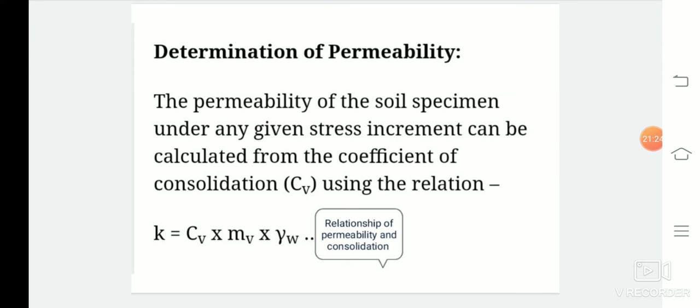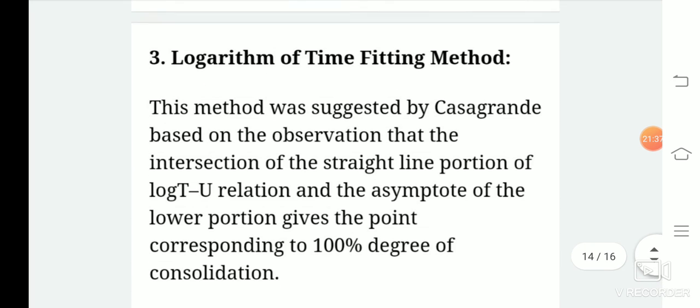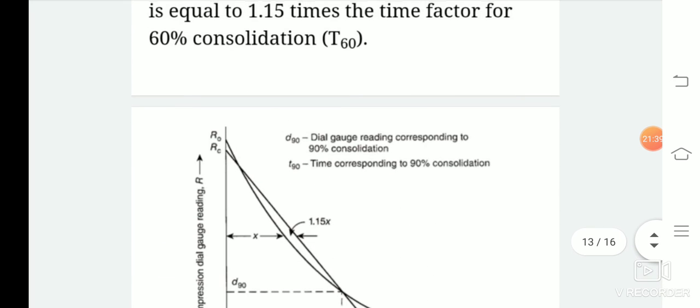So hence these are the parameters which can be measured from the consolidation test. So the consolidation chapter comprised of all these parameters along with settlement and the test procedure. Thank you.